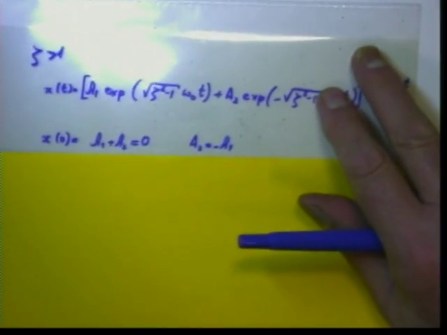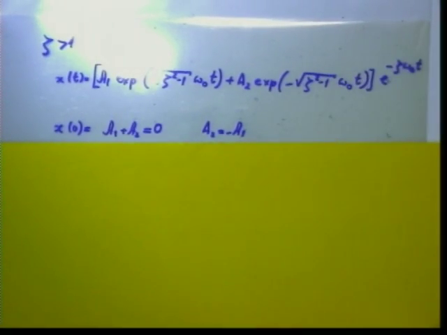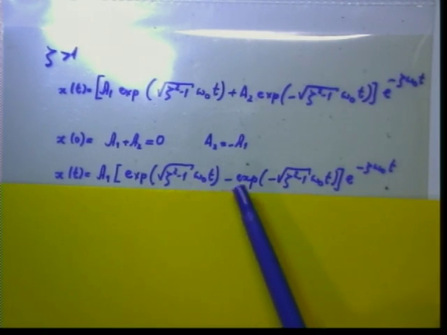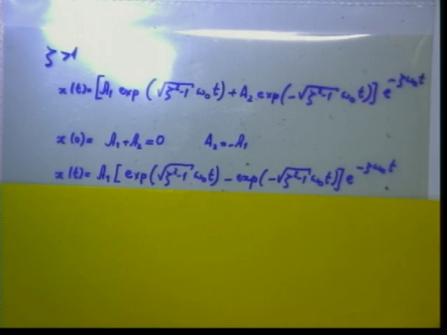I will substitute this expression into my equation, so I can take a1 out. It will be exponent minus exponent times this. I just have one coefficient now, a1. If I'm going too fast, please tell me, then I will slow down.